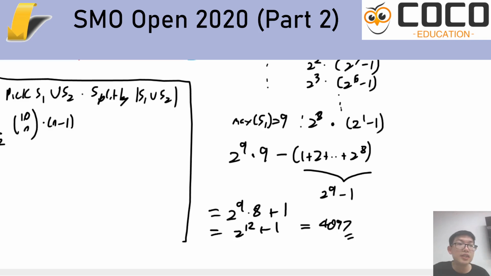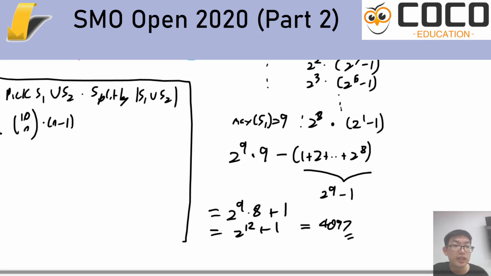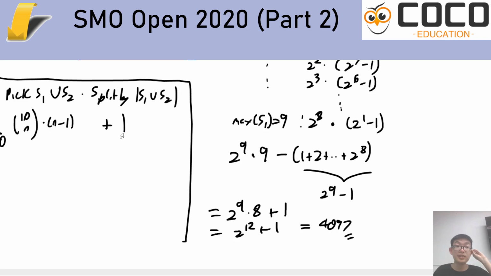In some sense, for symmetry's sake, I can add in 1, because 1 choose 1 times 1 minus 1 is just 0. And in fact, I can further make it symmetric by adding 0 in. 10 choose 0 times negative 1 is minus 1. So I'm going to write it like this.